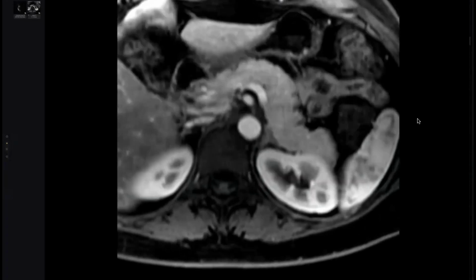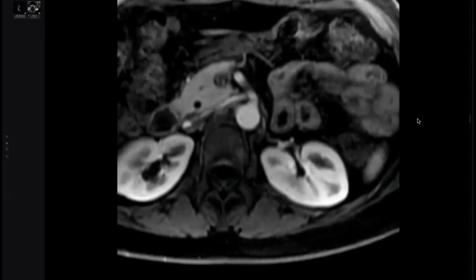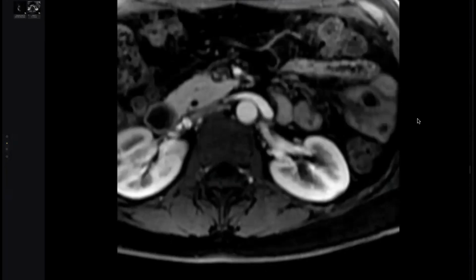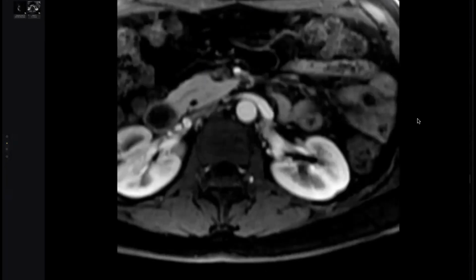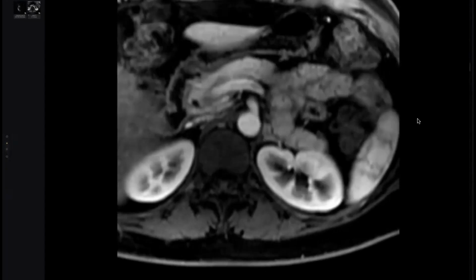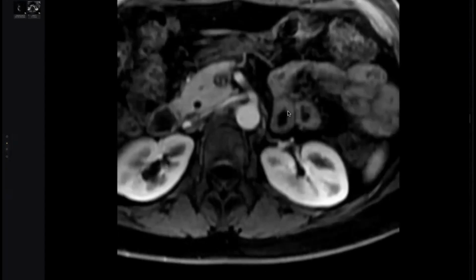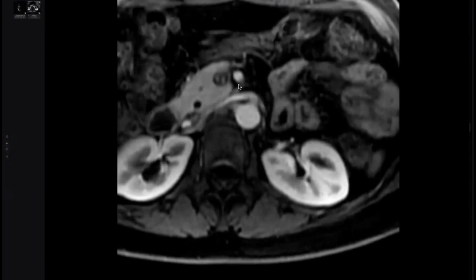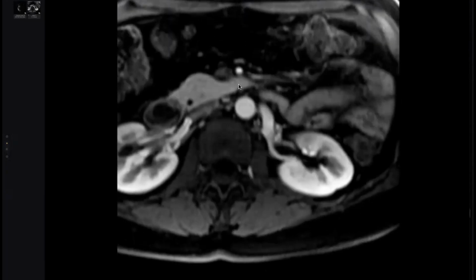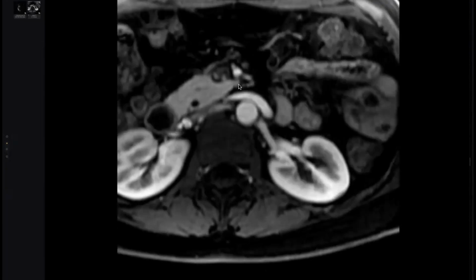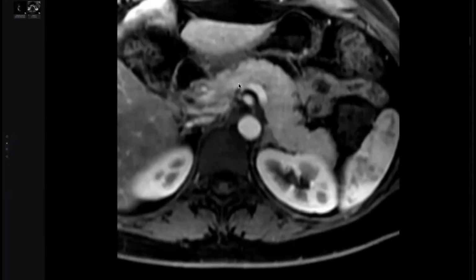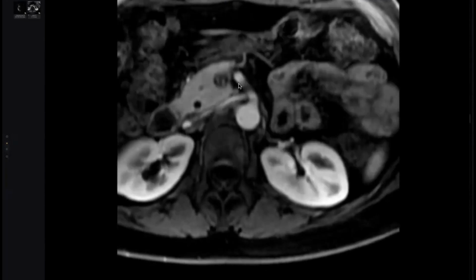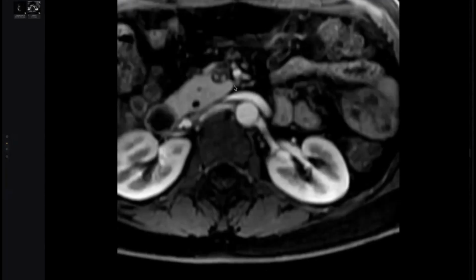And in this section, I can see that there is some abnormality within the pancreas, at this level, head and body.